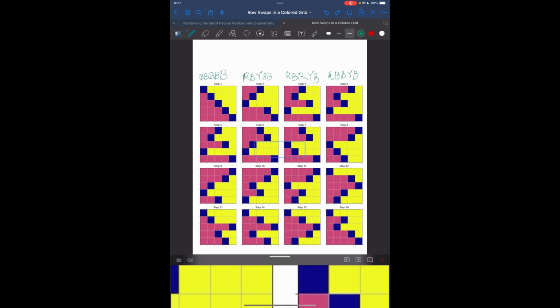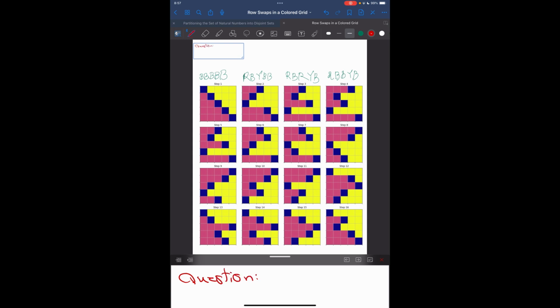So the question is basically asking: how many different diagonal configurations, let's call this configuration, or arrangement.